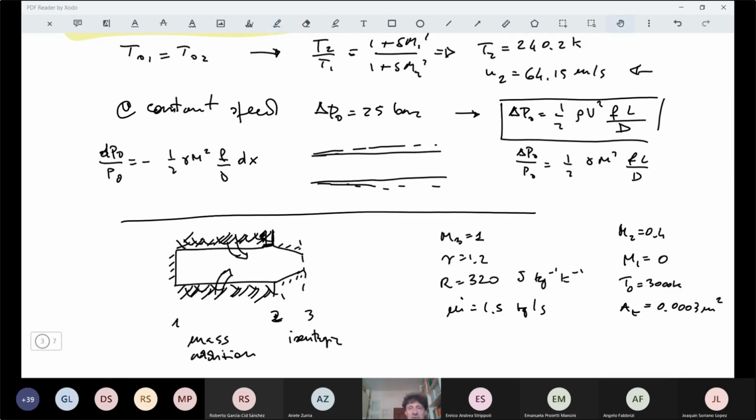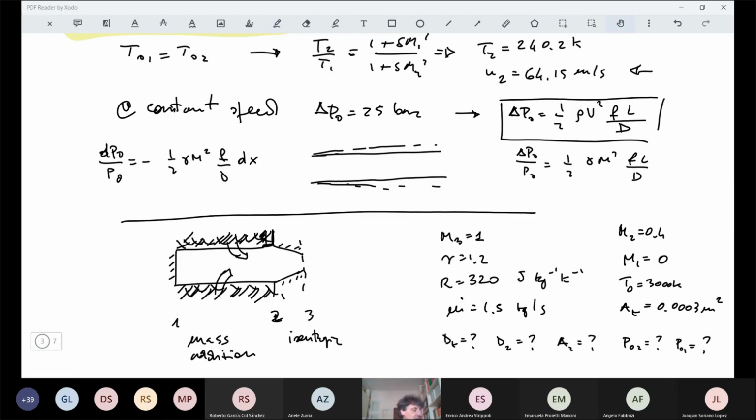So with this information, we should evaluate our DT, D2, and A2, P02, and P01.